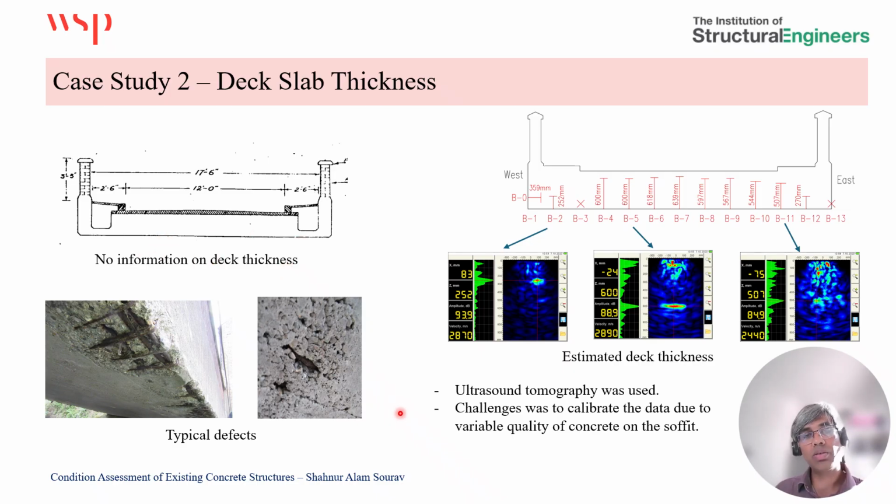One of the major challenges when we used ultrasonic tomography was to calibrate the data, because there was a lot of variation in the concrete quality, as we can see, voiding and reinforcement corrosion as well on the soffit of the deck.